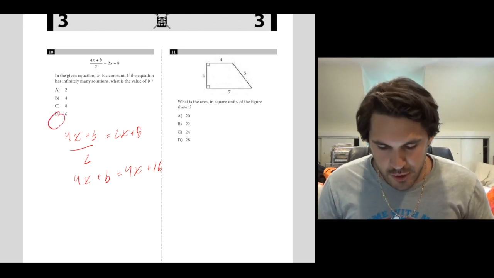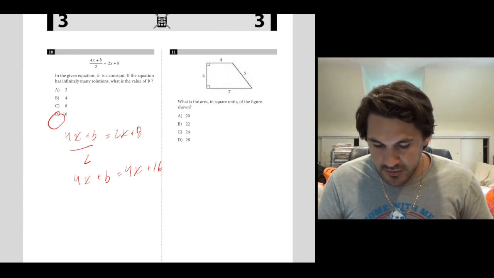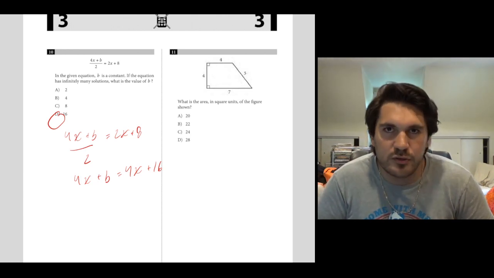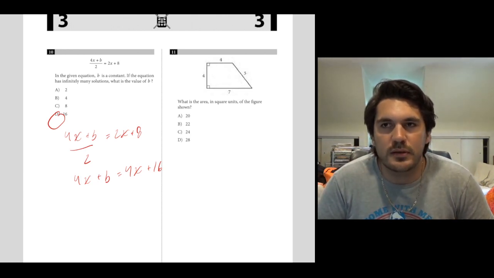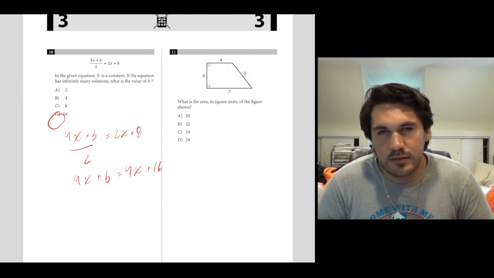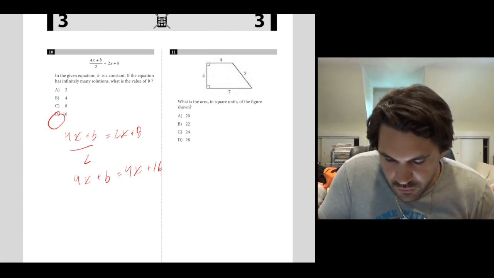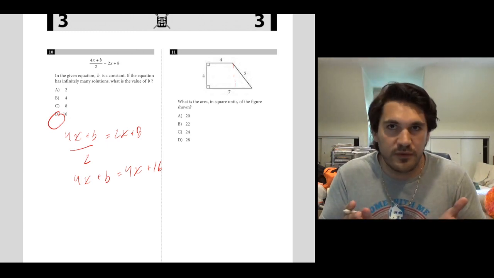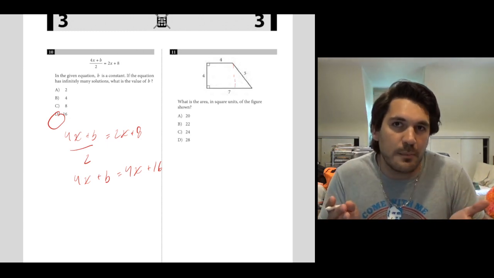Halfway there. Number 11. What is the area in square units of the figure shown? Cool. So you could solve this using either the trapezoid formula, which is base 1 plus base 2 times the height divided by 2, or you could divide this up into a square and a triangle, calculate their individual areas, and figure out from there. I'll just use the trapezoid formula.